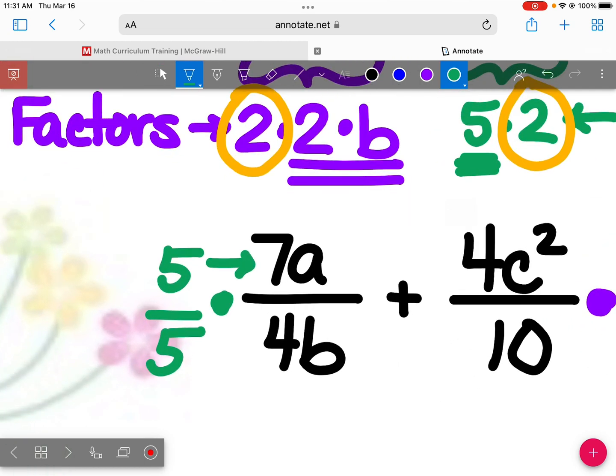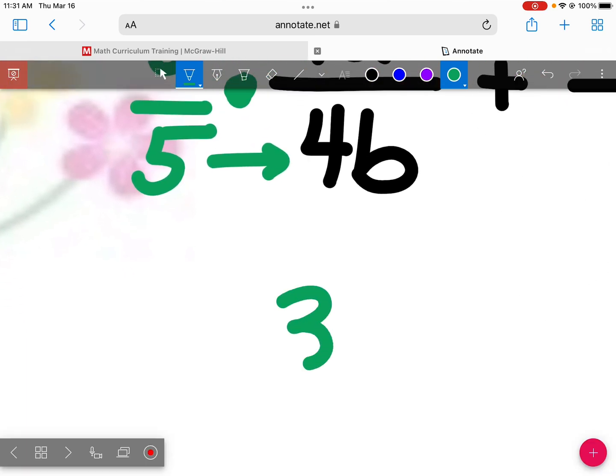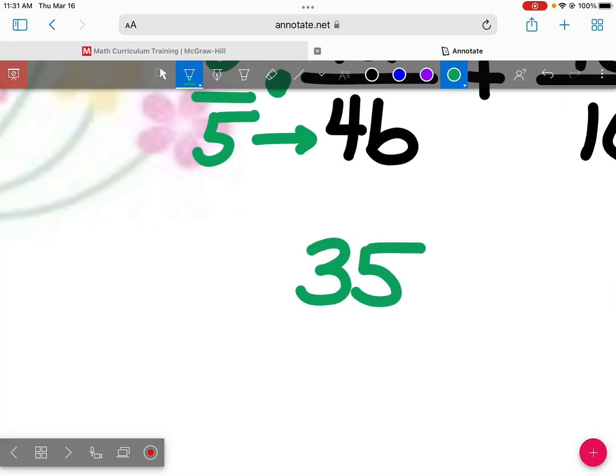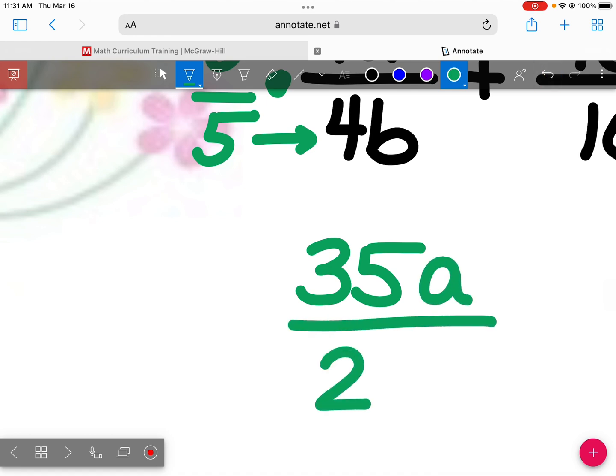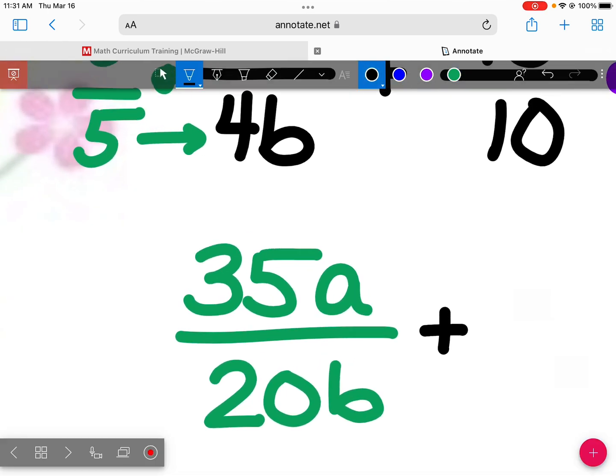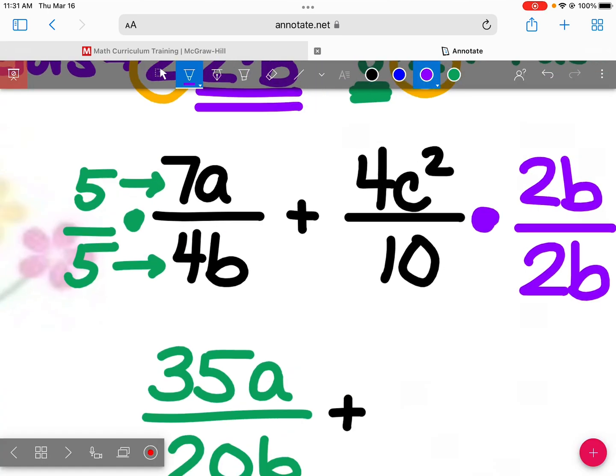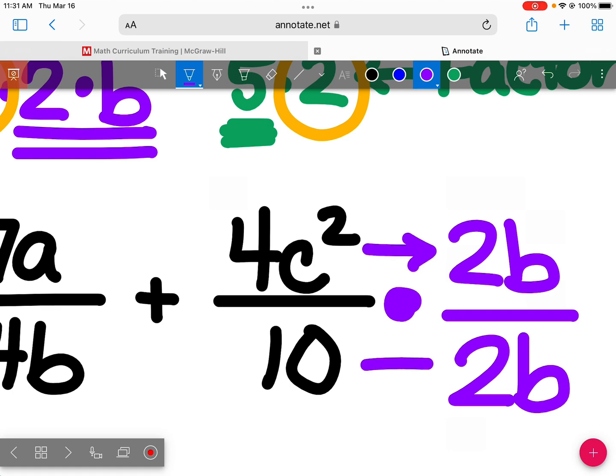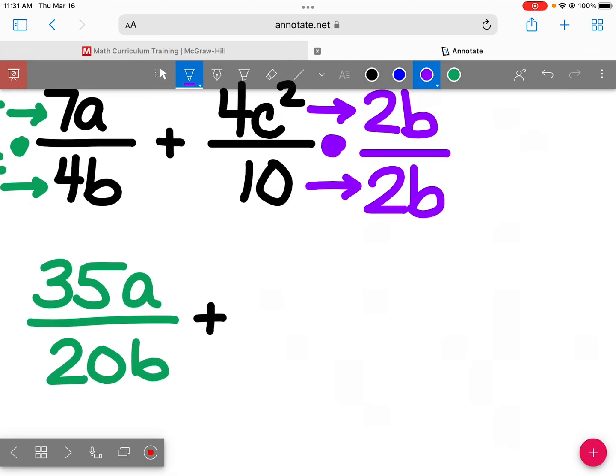Multiplying fractions, we multiply straight across. So what am I going to have for my first fraction after I multiply top and bottom by 5? 35a over 20b. I'm going to bring down my addition sign. And I'm going to multiply straight across on my second fraction.